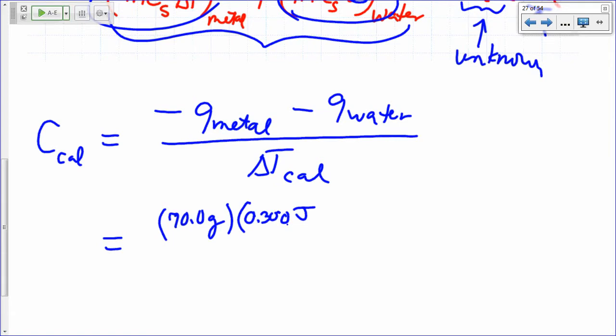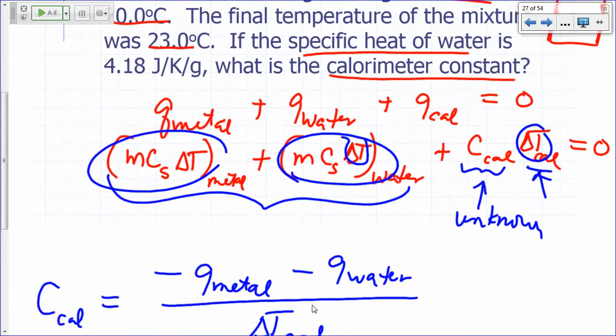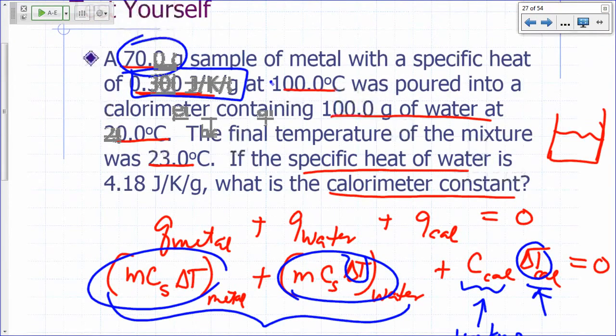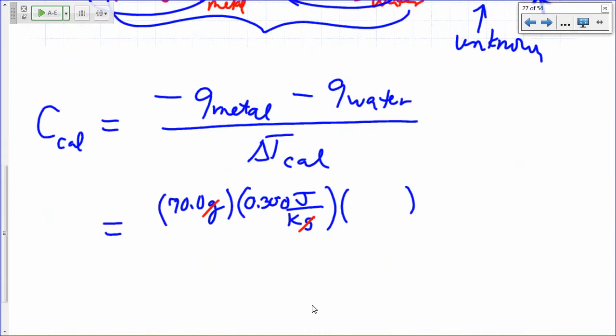So gram cancels out. And what's the delta T for the metal? Negative 77.0 Kelvin. It went from 100 to 23, so 23 is the final minus the initial, which is 100. So Kelvin cancels out. That's Q for the metal.